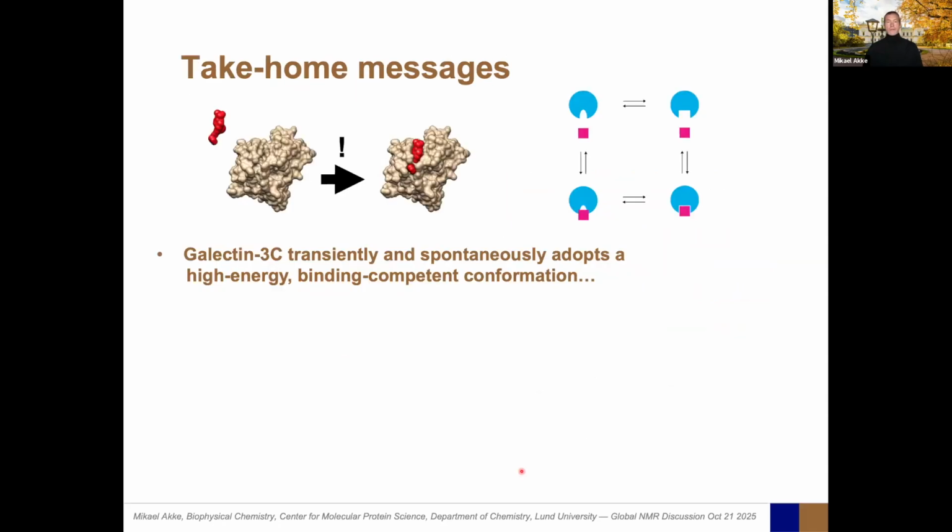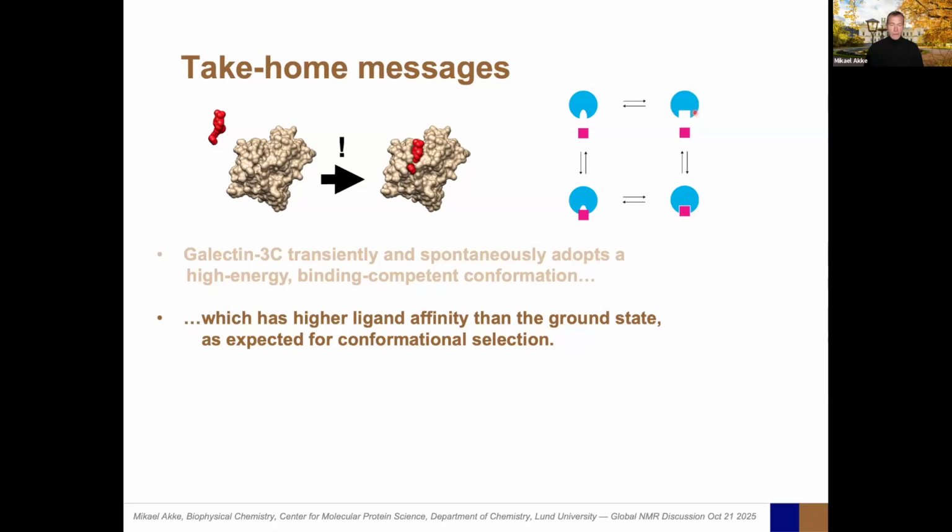So let me tell you the take-home messages before we go further. First of all, we find that galectin does in fact bind the ligand via a pathway that involves a spontaneous transition from the low energy ground state to a high energy state, in the absence of any ligand bound to the site.